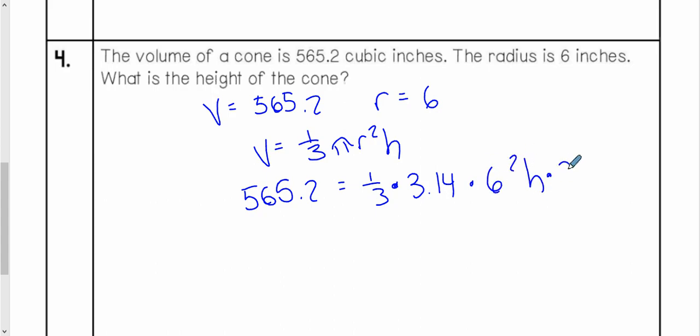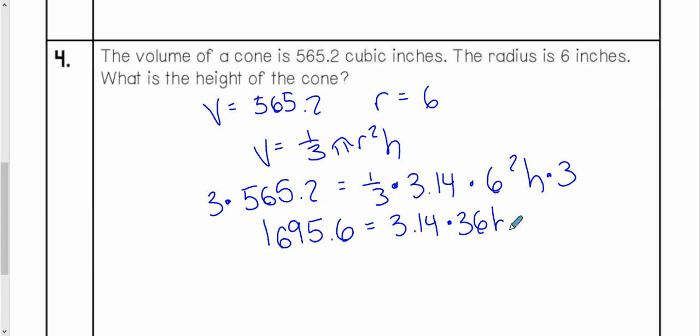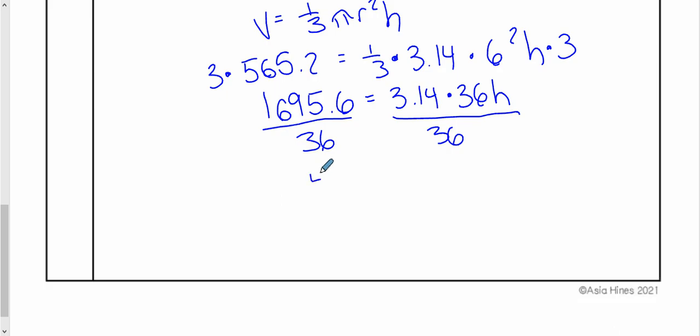I'm going to multiply by 3 first to get rid of the 1/3. 3 times 565.2 is 1,695.6. So now I have 3.14 times 36h on the other side. I'm going to divide by 36 because I think that might be nice-ish. And I get, oh, actually, that's not bad. 47.1.